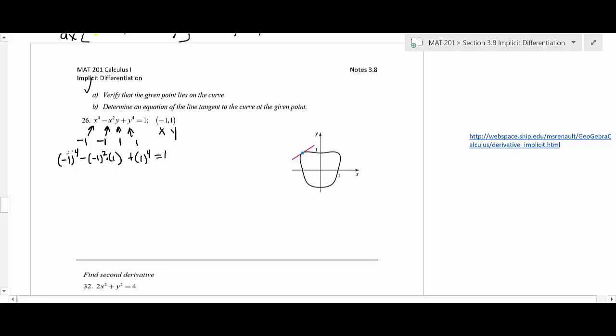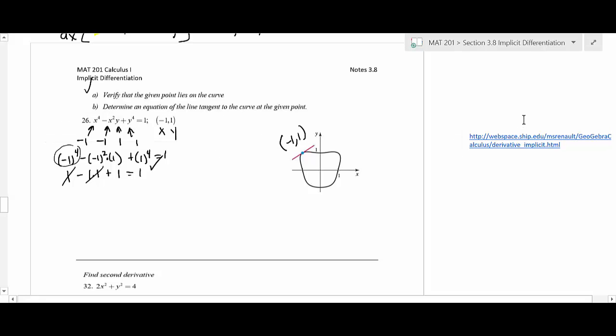This part right here, if you take a negative number to a 4th power, that's 1. Okay, this right here would be 1 times 1, and then 1 to the 4th would be 1, right? So it looks like what you'd have is these two things would cancel, okay, because 1 minus 1, so that checks out. Okay, so that just means that the point -1, 1 is a point on this curve, and I just used a computer to graph that out.